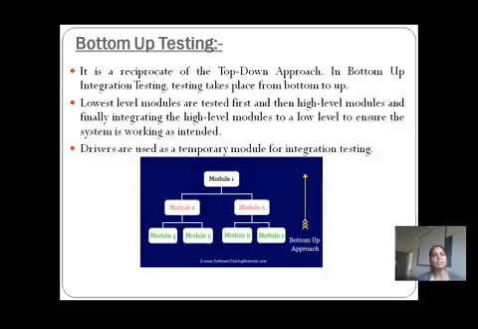First the lowest level modules are tested, then the middle level modules are integrated with the lowest level modules and tested, and after that the higher level modules are integrated with the low level and middle level modules and tested. To perform bottom-up integration testing, the drivers are used as temporary modules for the integration testing.